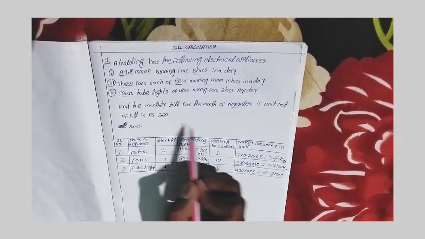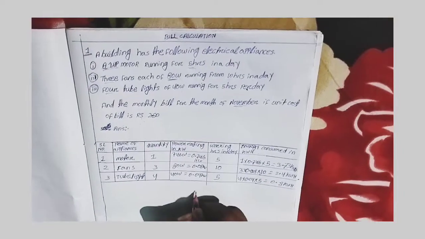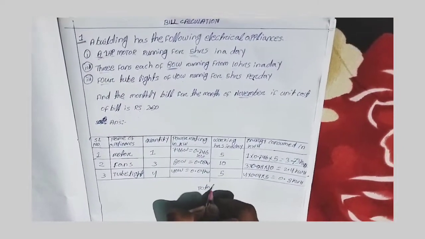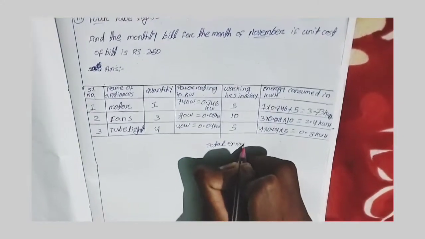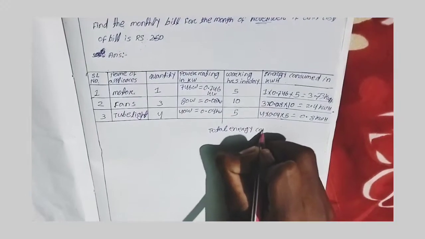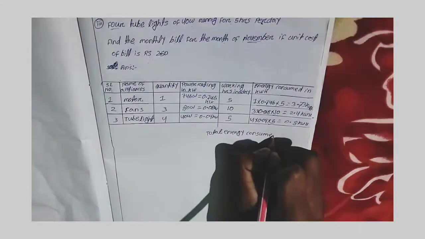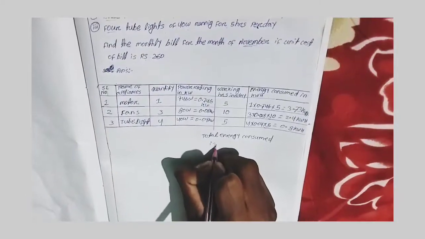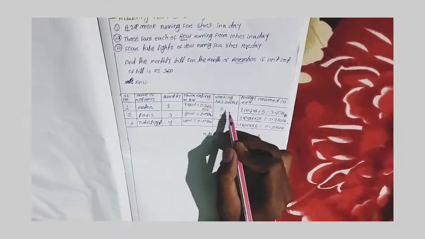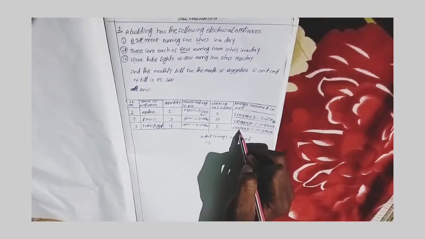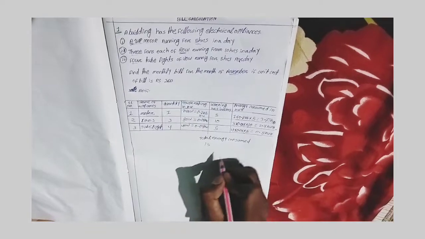Then find the monthly bill for the month of November if unit cost of bill is raised 2.50 rupees. So total energy consumed is serial number 1 plus serial number 2 plus serial number 3 added.